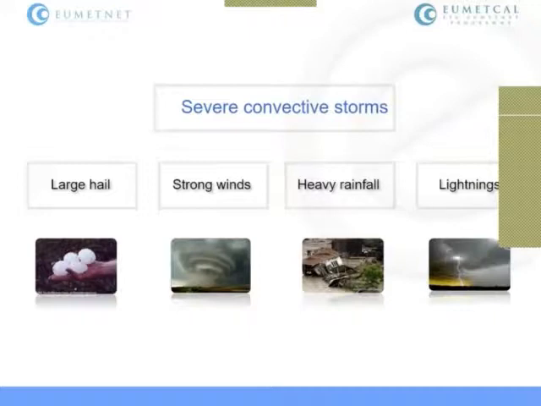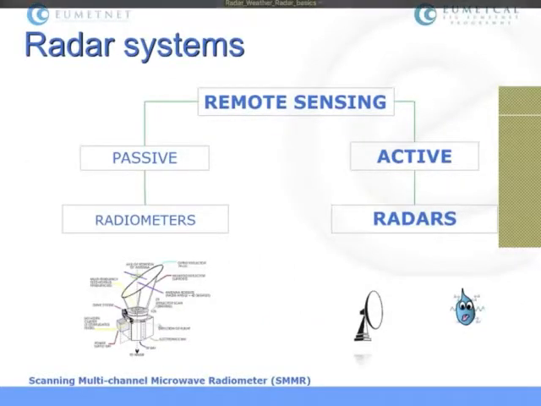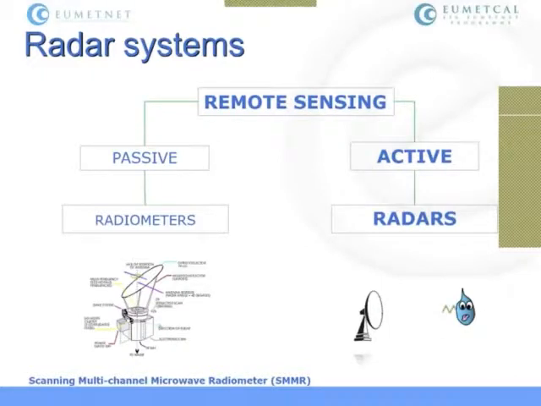Usually, these severe convective storms are associated with large hail, strong winds, heavy rainfall, and lightning, of which the most dangerous is cloud-to-ground lightning, or they can have a combination of two or more of these weather phenomena. So it is very important to have a weather radar to cover an area and to be able to make a very good forecast.